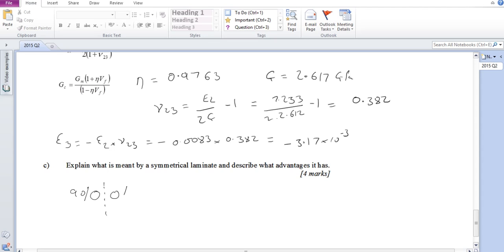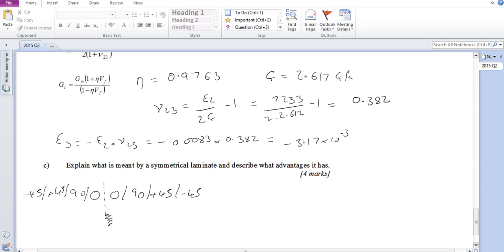It might have a 90 then going out from the middle. It then might have a plus 45 and then a minus 45, and on the other side it would then have the same plus 45 and then minus 45. So the symmetrical nature is that it's got this reflection about the midplane in terms of the layups.